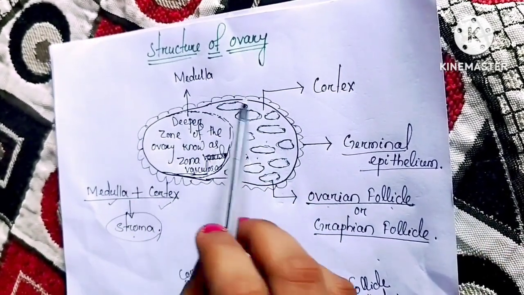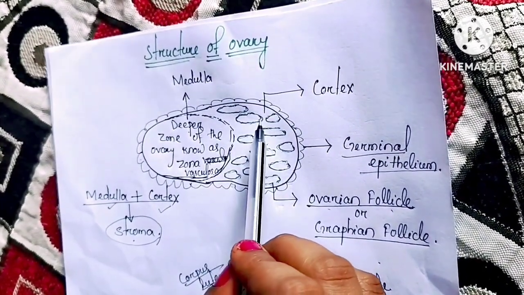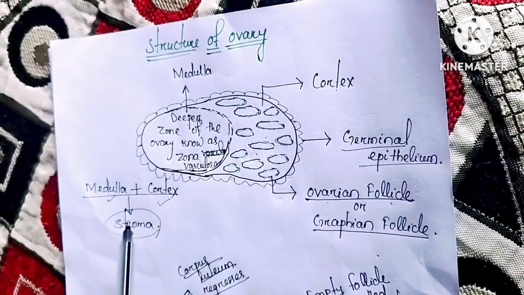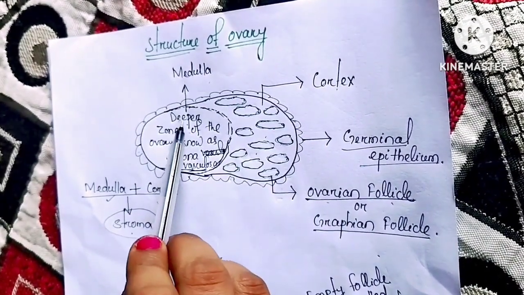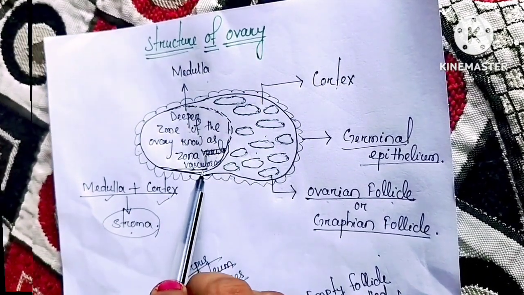The ovary consists of two parts, this part is called the cortex, and this part is called the medulla. The medulla is the deeper zone of the ovary, known as zona vasculosa.